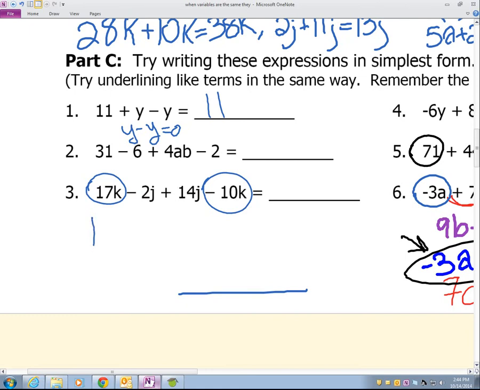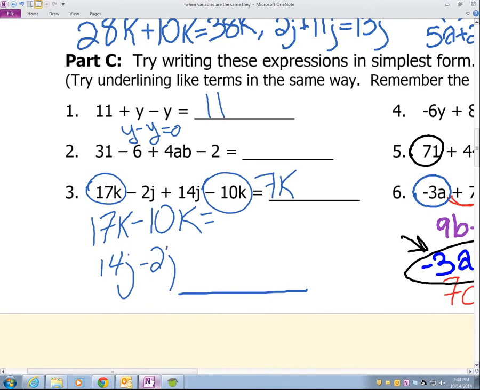I'm going to take the one that's positive, then the one that's negative, which will be 7k. Then I have 14j minus 2j because that's accounted for. Comes out to be 12j. It's a positive, so it's 12j.